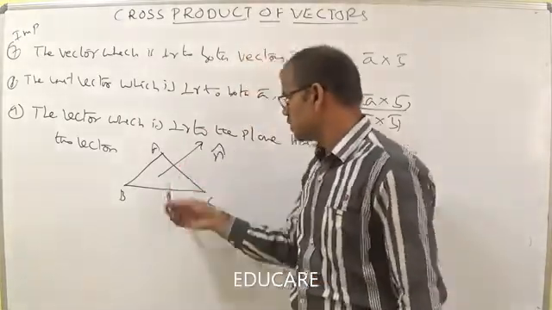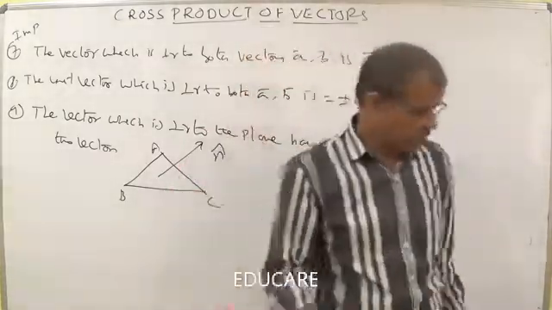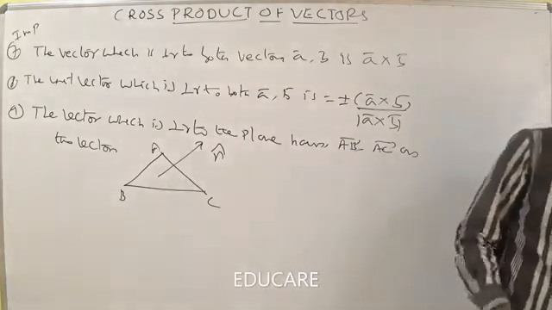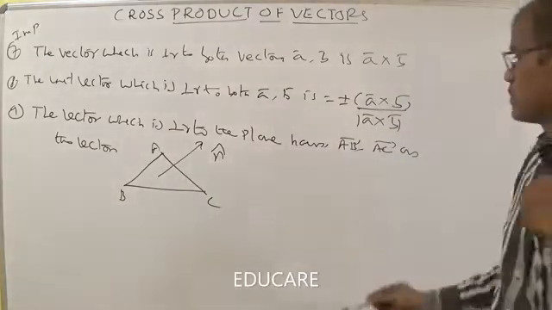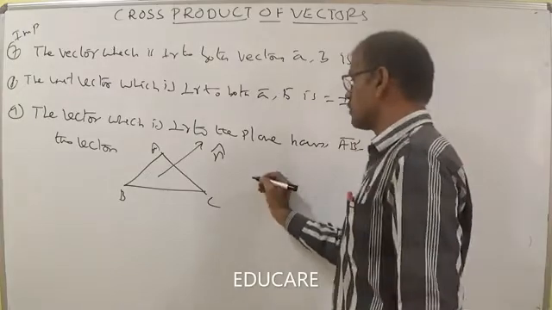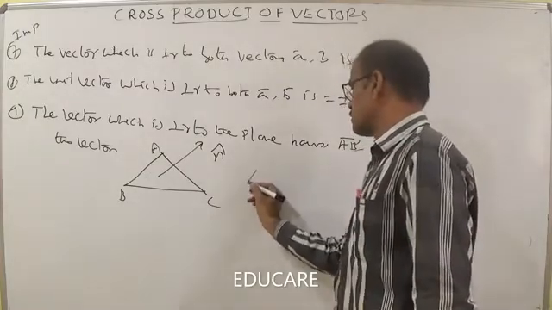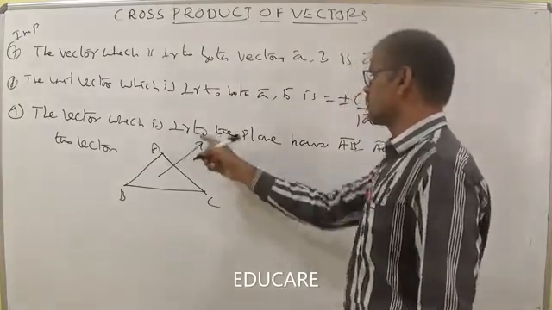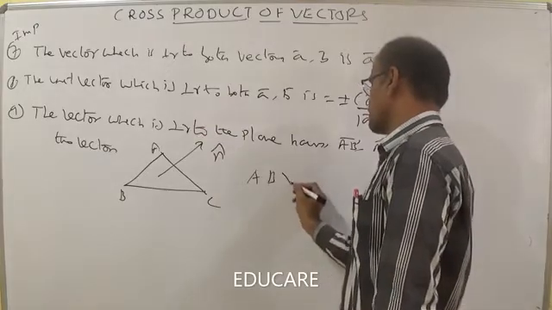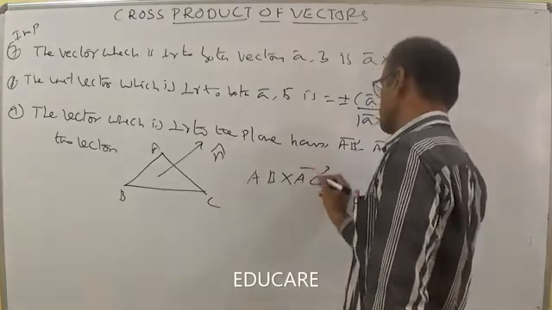To calculate the normal vector, we use the perpendicular to both vectors concept. What is that concept? If he is asking for the vector perpendicular to both, you can say AB cross AC.